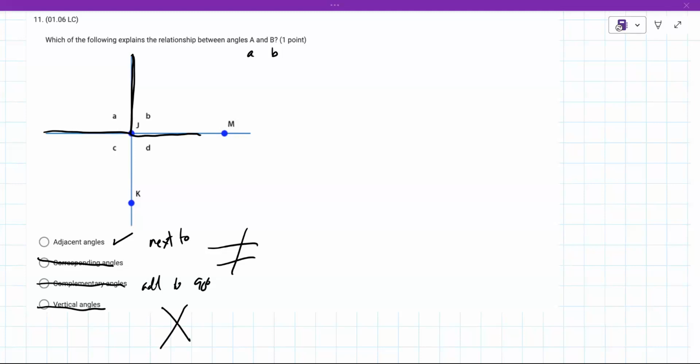Oh, there it is now. All right, there it is.